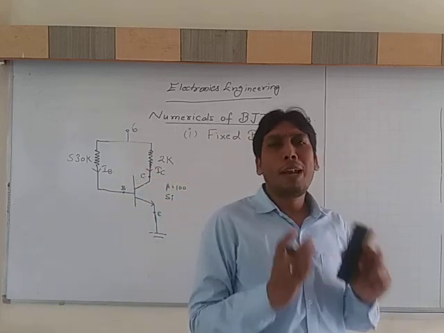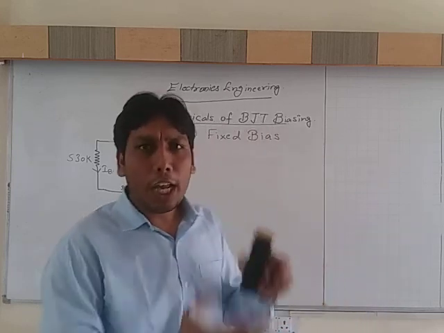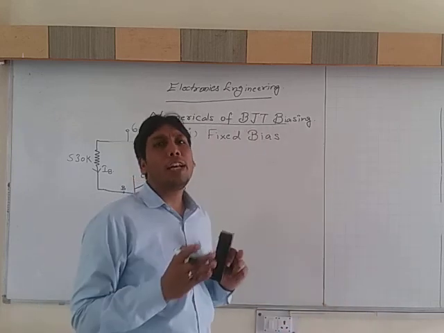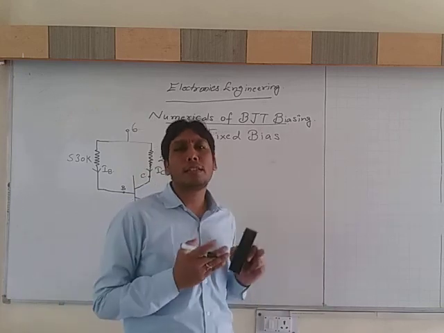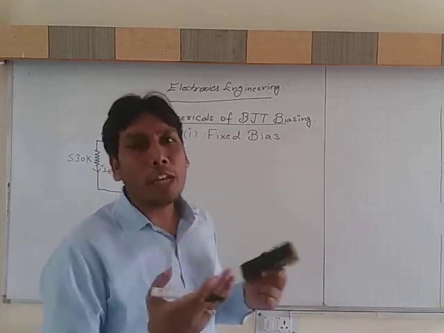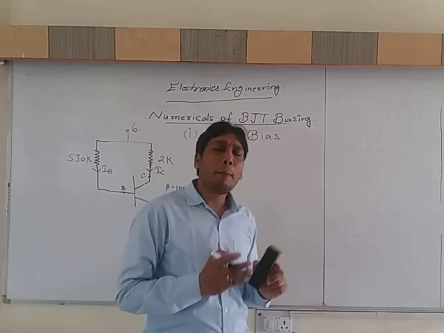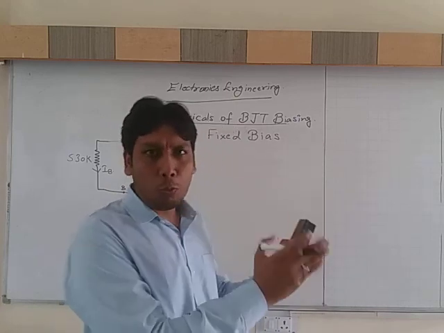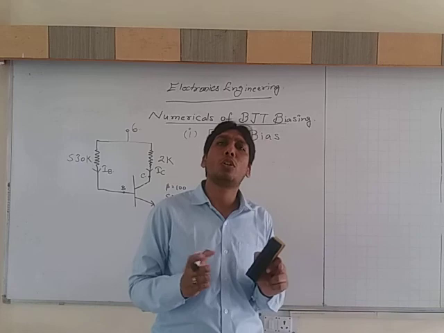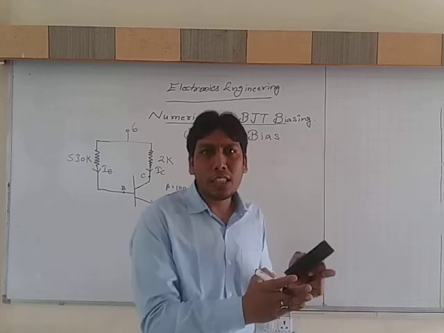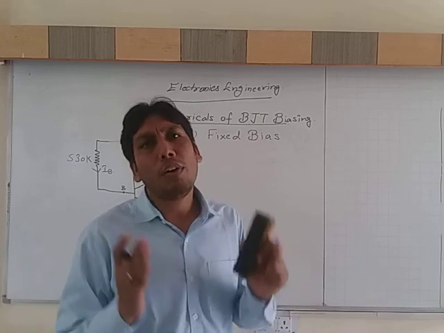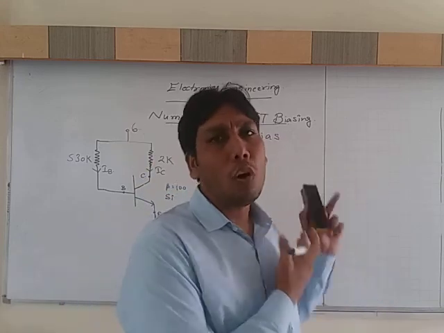First, we will apply the KVL at the input side of the circuit and determine the different currents flowing in this transistor. Then in the second part, we will again apply the KVL at the output side to determine the voltage drop VCE, and with the help of this IC and VCE, we will find out the Q point for this circuit.